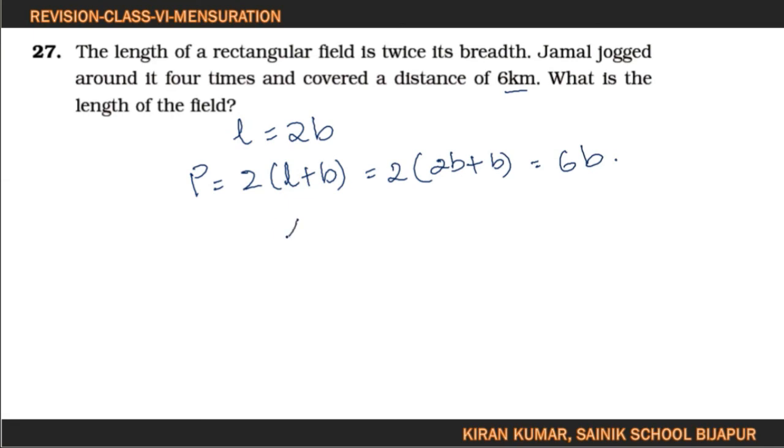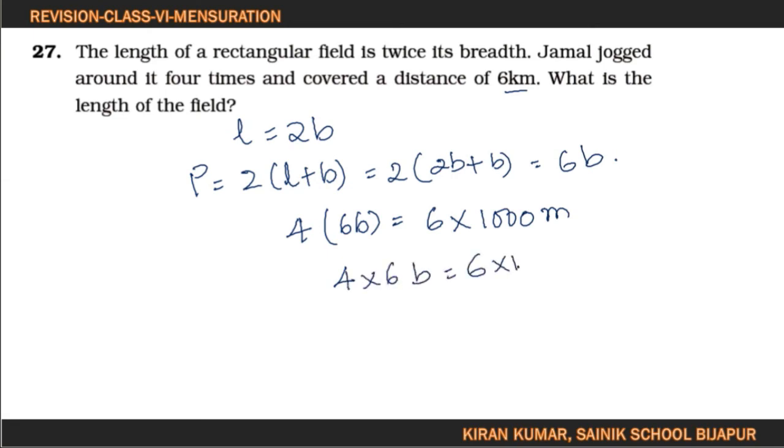So 4 times the perimeter will be equal to 6 kilometers. In terms of meters, it will be multiplied by 1000 meters. So we get 4 times 6b equal to 6 into 1000.